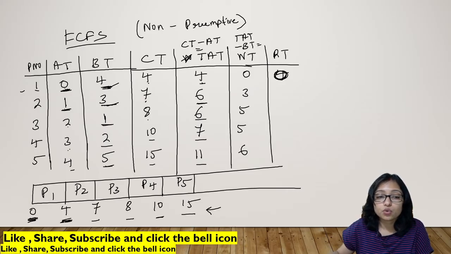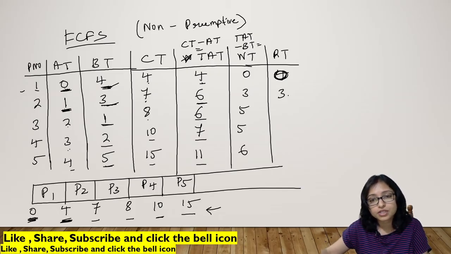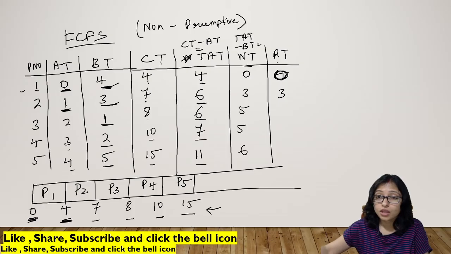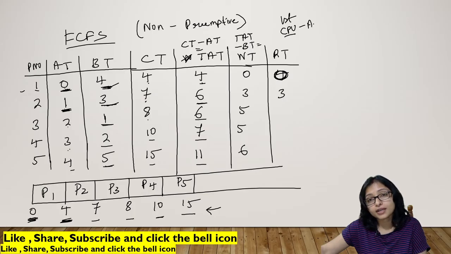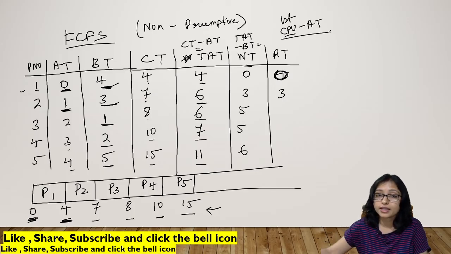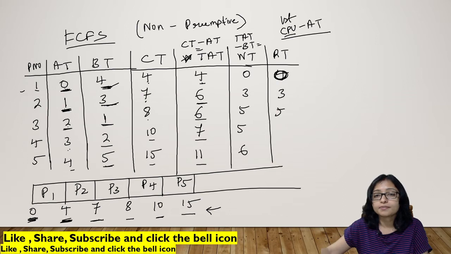And P2 gets the chance at 4 but arrived at 1. So what is the response time? It is 3. When it is getting the chance on the CPU for the first time, minus the arrival time. P3 gets the chance at 7 but arrived at 2, so it will be 5.